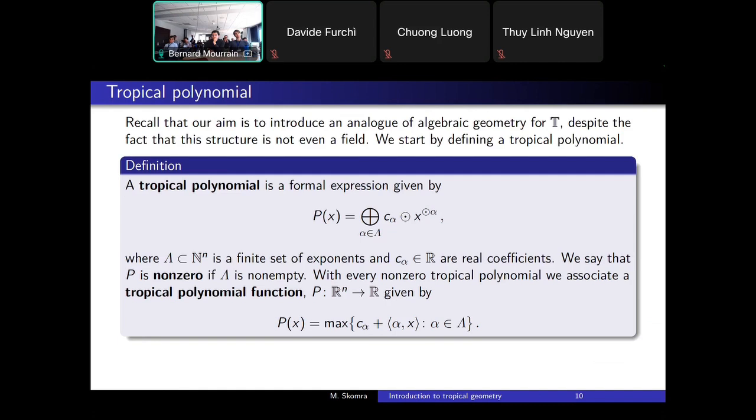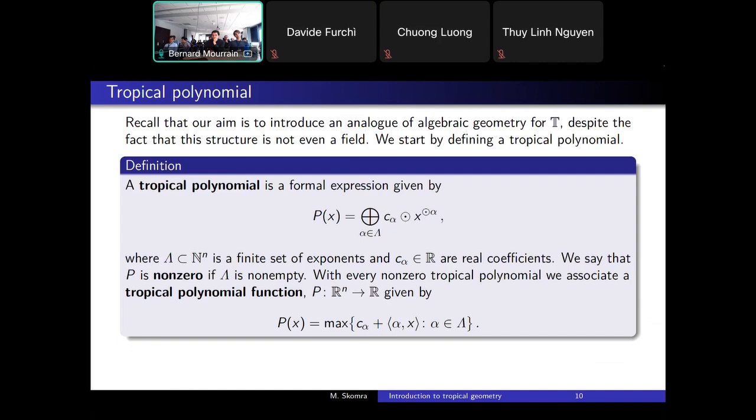And then we discussed the fact that if you have such a formal expression, then as for a usual polynomial, you can evaluate this as a function. Right? So with a tropical polynomial, I have the associated tropical polynomial function, which simply comes by interpreting these operations in the standard way.